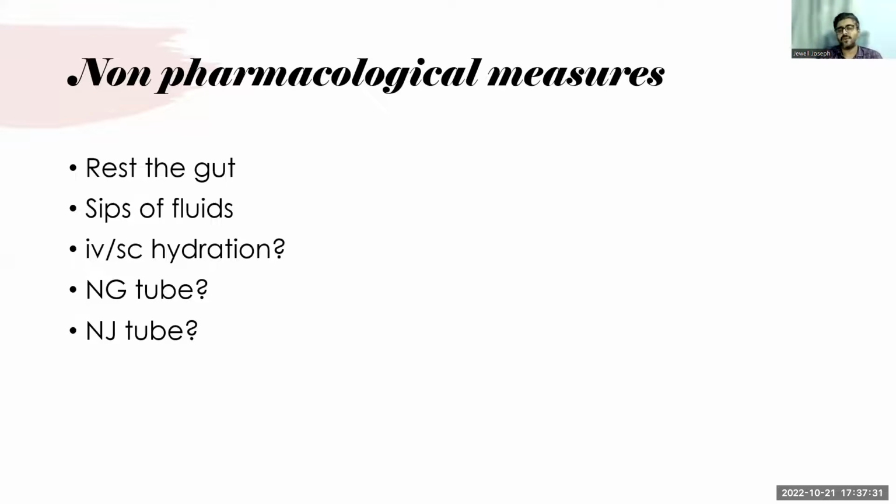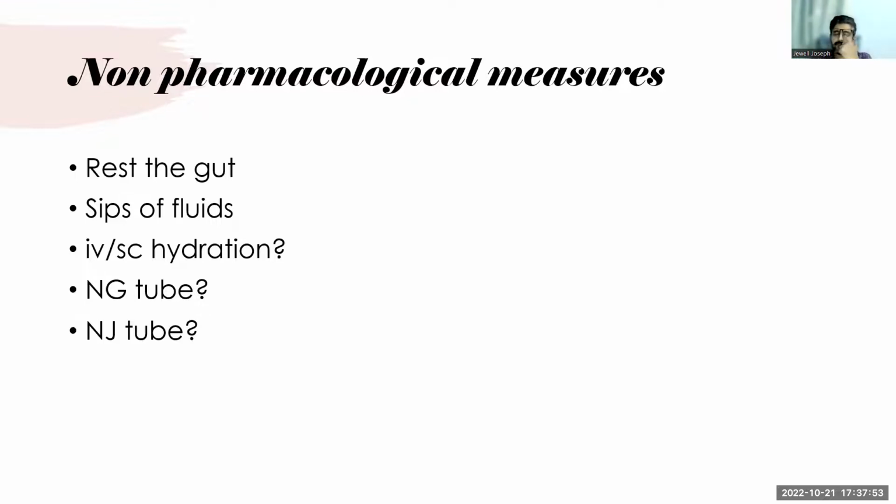NG tube is not usually useful unless there is a very large volume vomiting. And IV hydration in a terminal patient may not make a very big difference. And if the patient can take very small sips of fluid, it may keep the mouth wet, and it may not aggravate vomiting if it is very small sips.